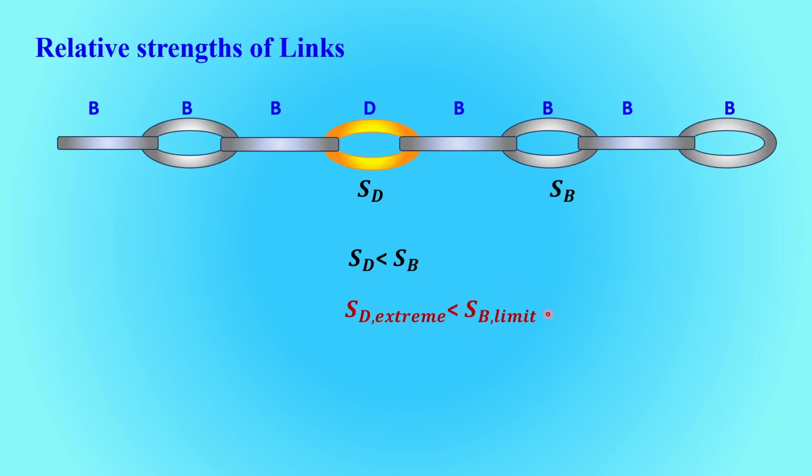So limit strength is the least strength exhibited by the system and extreme strength is the highest possible strength exhibited by the system. So if the highest strength exhibited by the ductile link is less than the smallest strength exhibited by the brittle link, obviously in all cases the ductile link will be failing, because the characteristic strength, SB characteristic or SB extreme, etc., or SB mean, will always be higher than SD extreme by this condition.